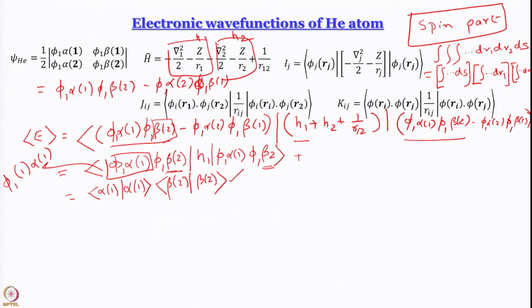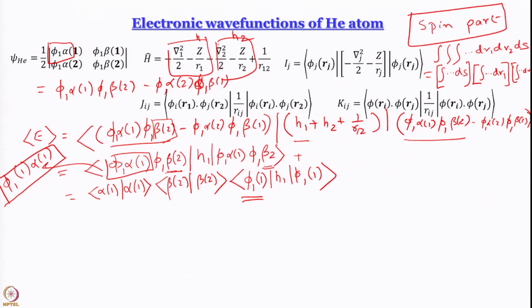What remains is the spatial part, phi 1(1), H1 operating on phi 1(1). How did I get this phi 1(1)? From here. Let us not forget that what we have written here, phi 1 alpha etc., these are spin orbitals. So they are products of a spatial part and a spin part. So I have to write 1 in brackets in both.